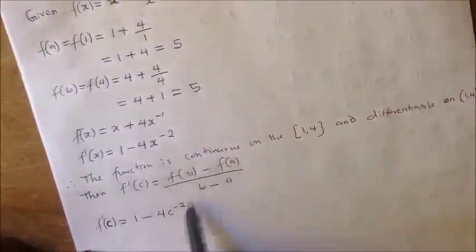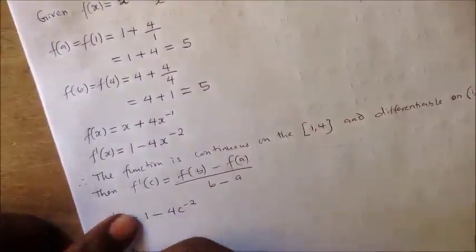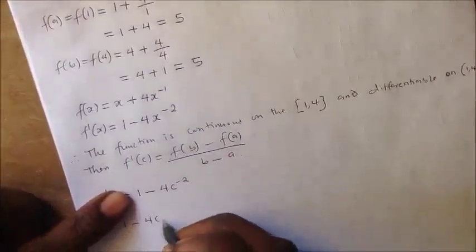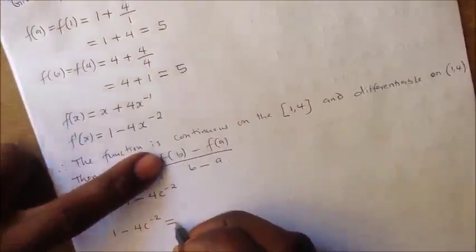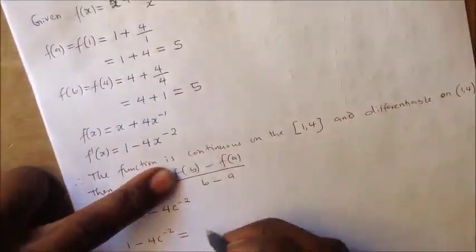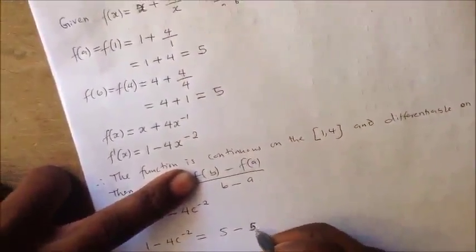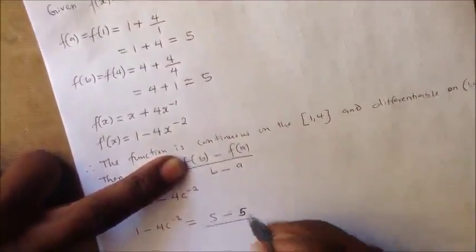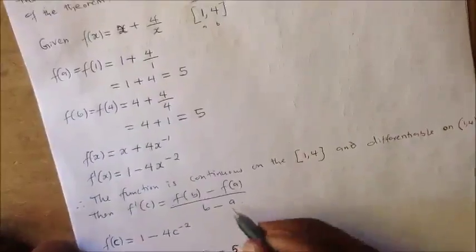Then the conclusion of the theorem says f prime of c is equal to this. So 1 minus 4c raised to the power minus 2 is equal to f of b, which is 5, minus f of a, which is 5, divided by b, which is 4, minus a, which is 1.